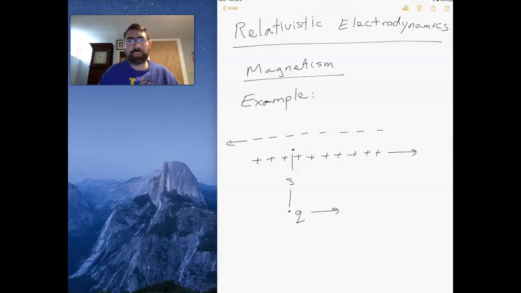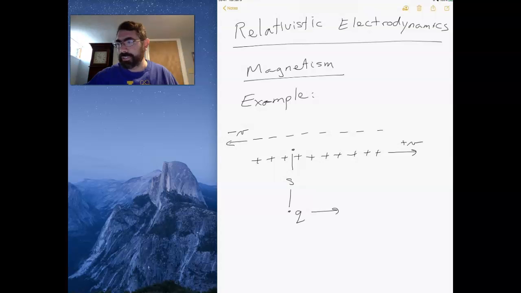So we're going to start with an example in magnetism, and this may take a couple of videos to go through the whole topic. I'm going to start with an example where we have two lines of charge: a negative one, which is moving to the left at minus v, and a positive line, which is moving to the right with a positive velocity.